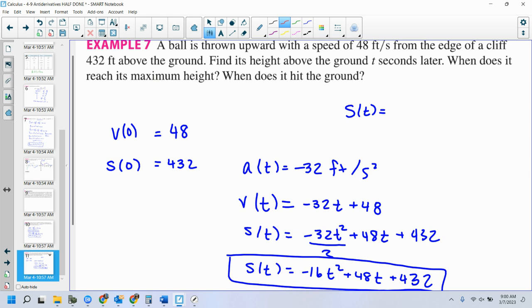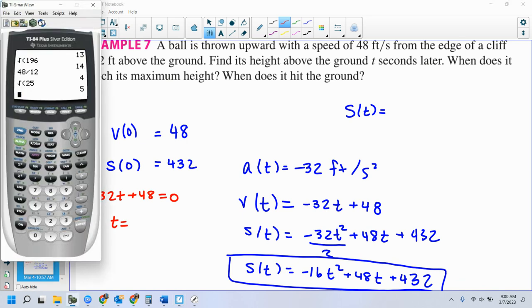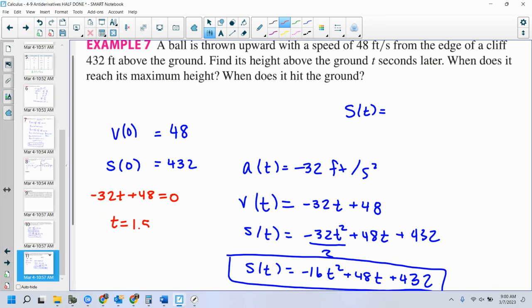What is the derivative of position? Velocity. Set velocity equal to 0. Negative 32t plus 48 equals 0. So t is going to be equal to negative 48 divided by negative 32, which is 1.5. So after 1.5 seconds, the velocity is 0, which means that's at its maximum height.